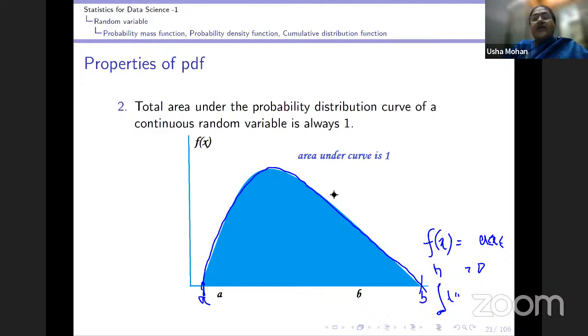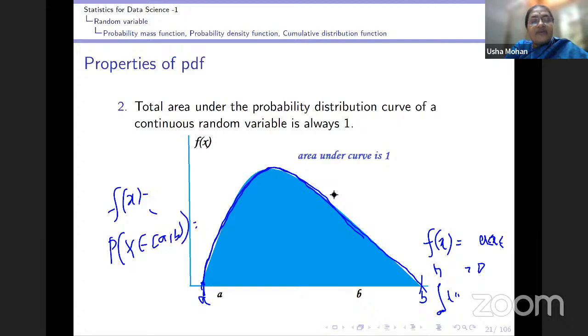The integral does not take a continuous value. F of x is defined to be this curve, which is continuous. The way I define this is the probability of x belonging to an interval a to b is the integral of f of x dx. That's how I'm defining it.